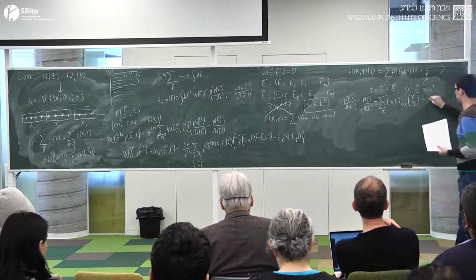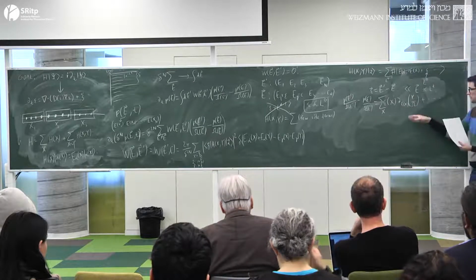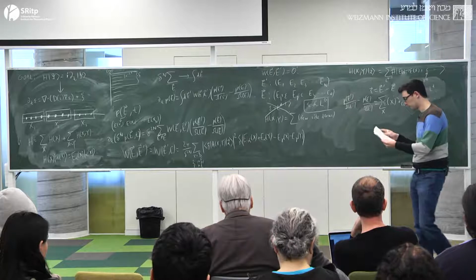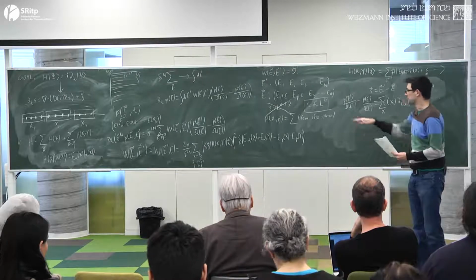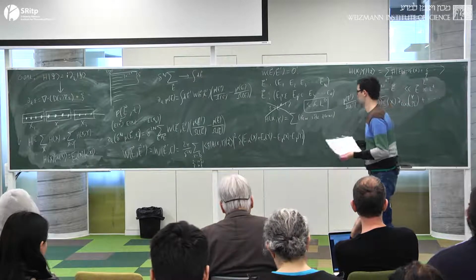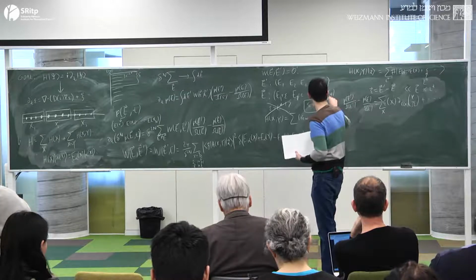There's a second order term that will be important, but it's sort of straightforward. I won't write it down. And then these transition rates are also very sharply peaked because of this result.